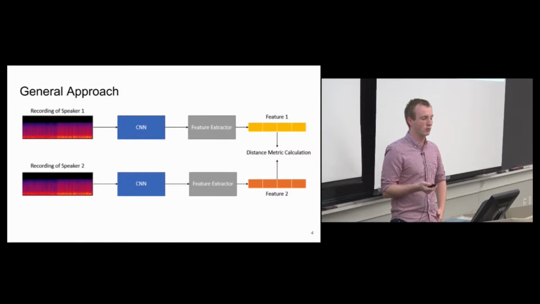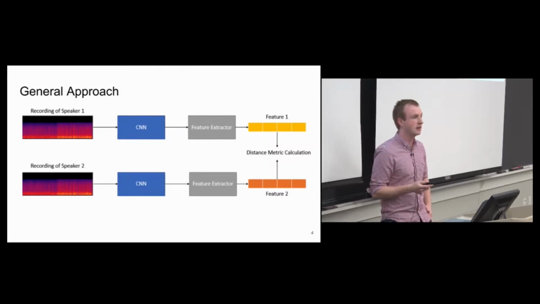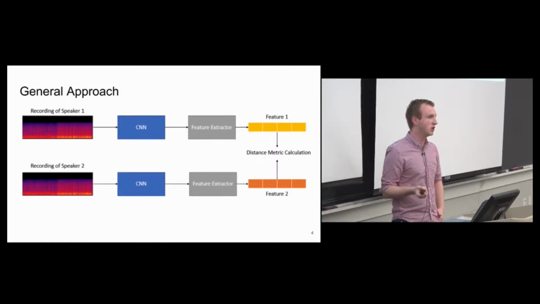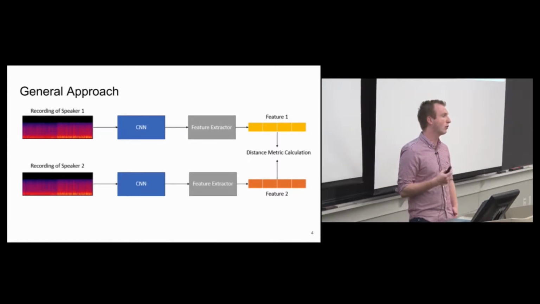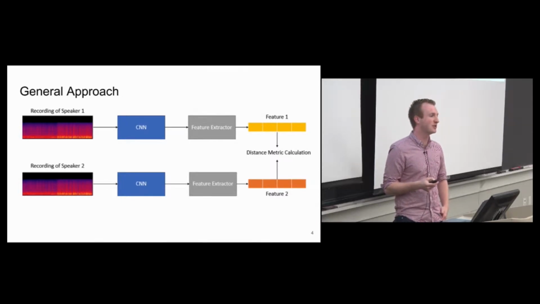Currently, right here, we're assuming that you've already trained this convolutional neural network, and it's going to produce a feature embedding, and we're going to use some kind of distance metric. This could even just be Euclidean distance between the two vectors. And for well-trained feature embeddings, this should give us a good metric of similarity.